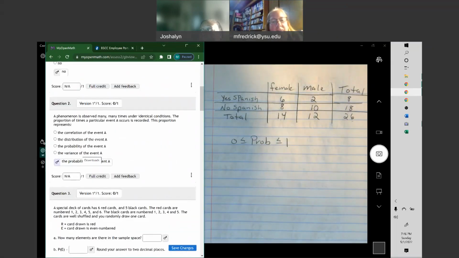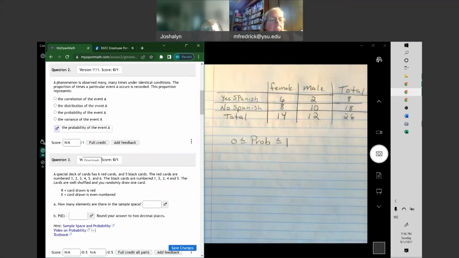A special deck of cards has 6 red cards and 5 black cards. The cards are well shuffled and you randomly draw one card. Is this out of the 52 card deck, even though it's a special deck? This is a special deck, so it's not out of 52 cards. There's only 11.